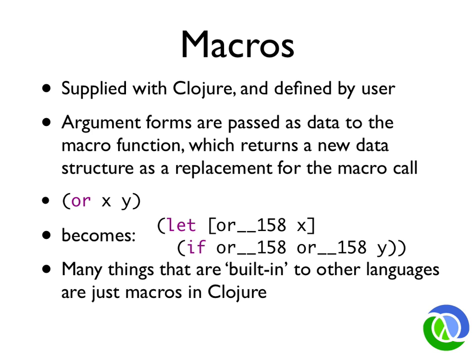In this case, there's only one expression inside the let, so the value of the if expression is the value of the let, which is what we want because we want this to mean or. And that's the scope. This is the end of the scope over here. This paren matches that one. That's what I was noticing.